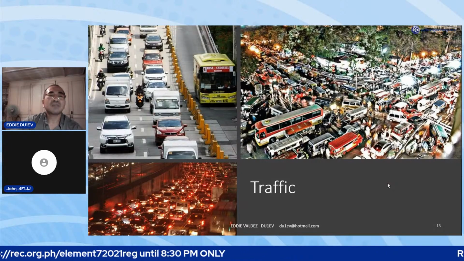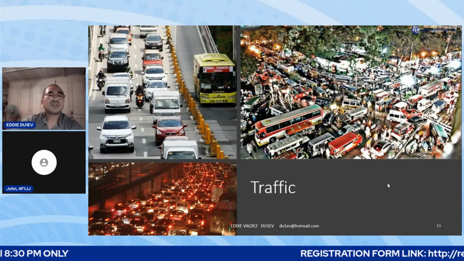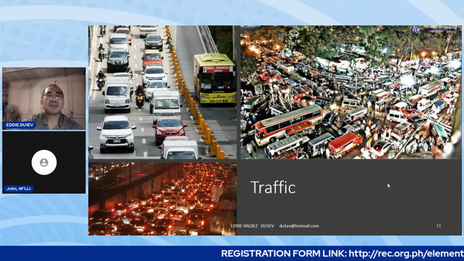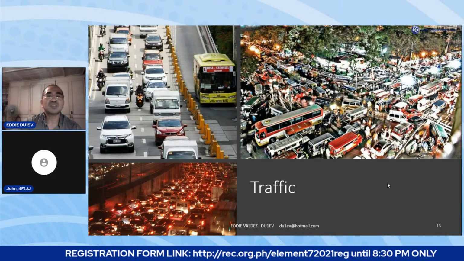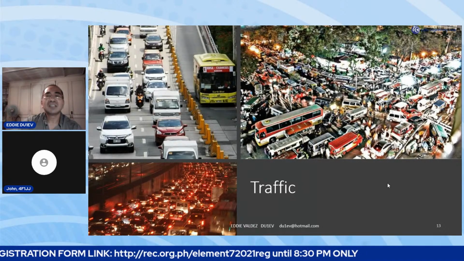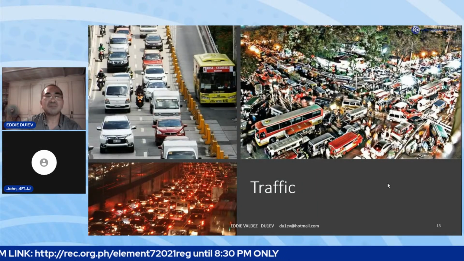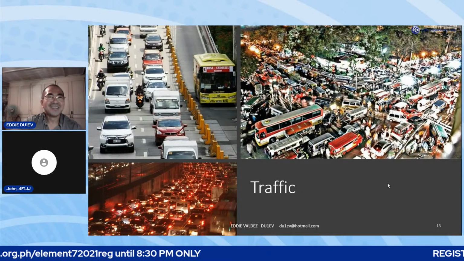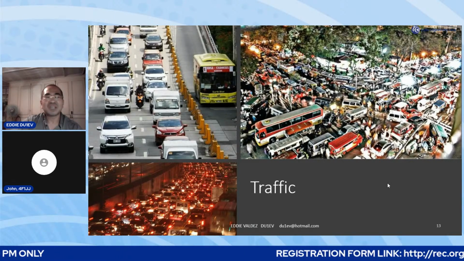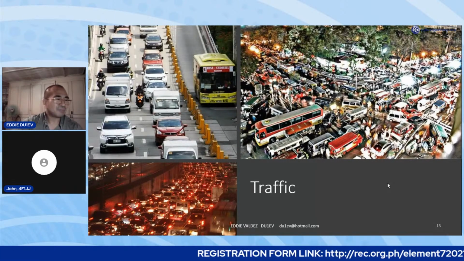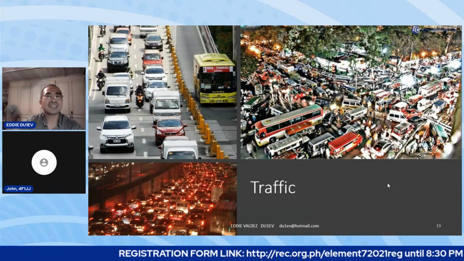Ako rin, I want to travel already. Kating-kati na ako. Isa yun sa mga panaginip ko after the pandemic. Gusto ko mamasyal ulit, kahit dito muna sa Pilipinas. Kasi mahirap ma-stuck sa ibang bansa ngayon. Magastos yan. Pagka nagkaroon ng second, third, fourth wave sa ibang mga bansa, nako, mahirap ma-stranded, magastos.